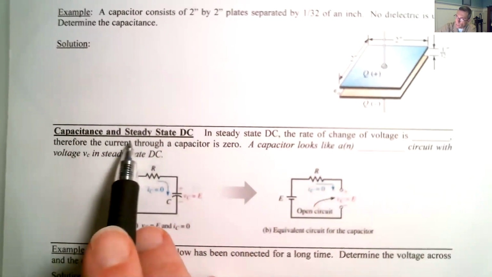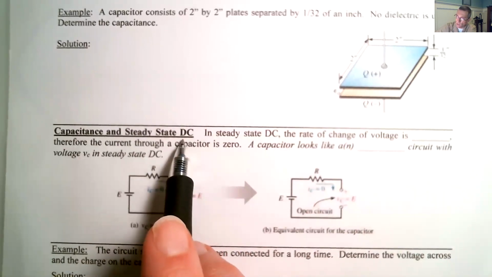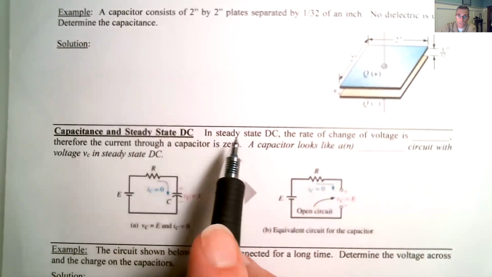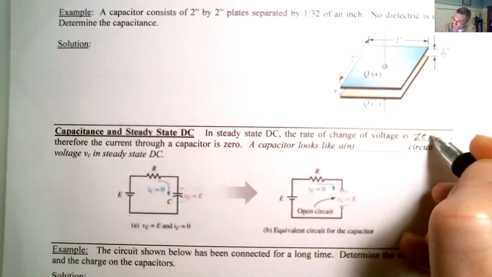What we are going to worry about is capacitance in steady state. In steady state DC, the rate of change of voltage is 0.